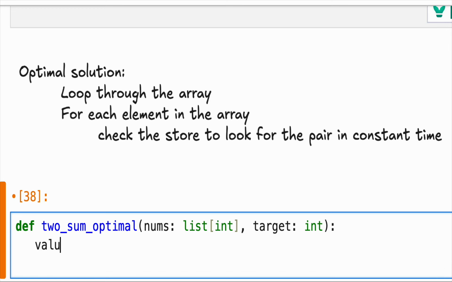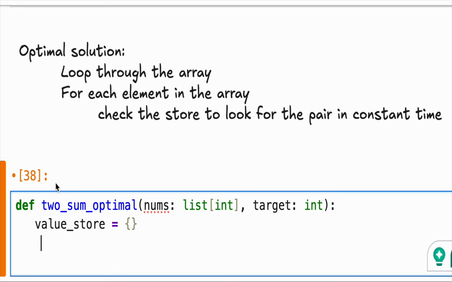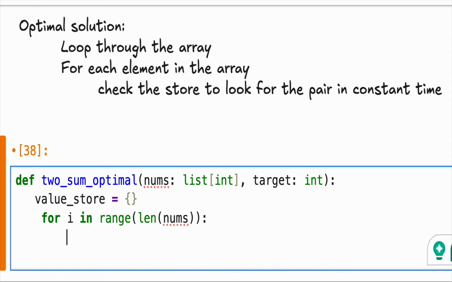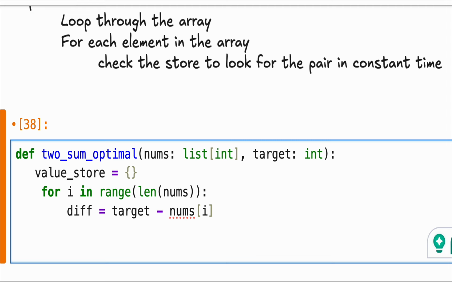So our store, as mentioned earlier, would be a dict because it allows for constant lookup time. Then for i in range length nums, what are we looking for in our value store? It's literally the difference between the current element and the target. Target minus nums i. Now, if this difference is in our value store, it means we have found our answer.